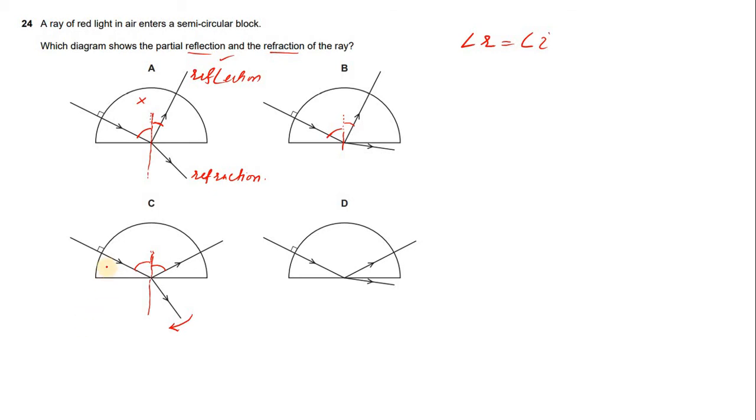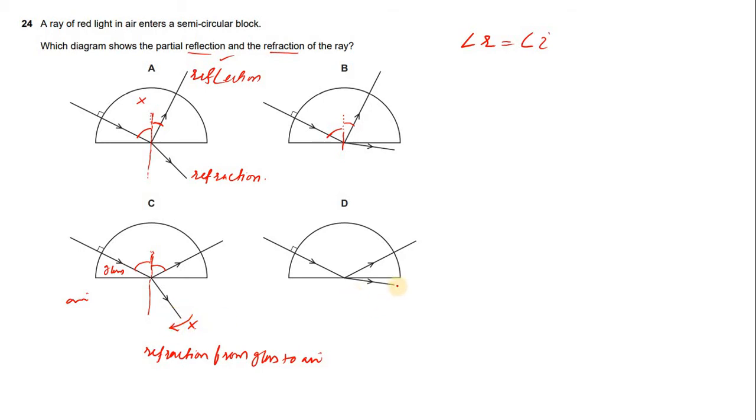So this is the glass and this is air, and this ray is refracted from glass to air, more dense to less dense. So the refracted ray should move away from the normal. So this is the wrong bending as per the refraction. This ray should move away.